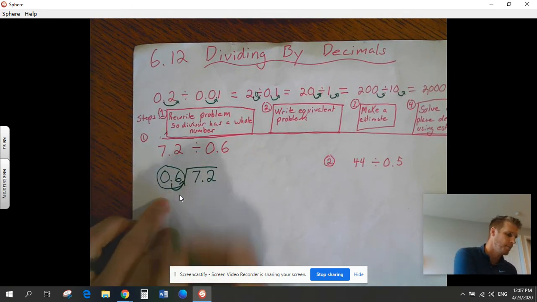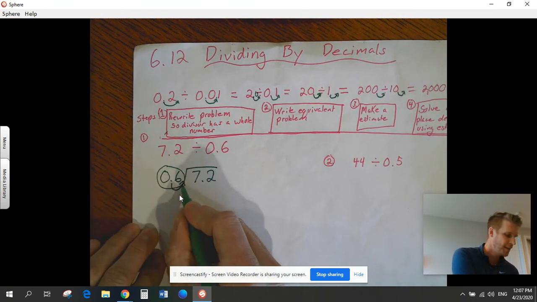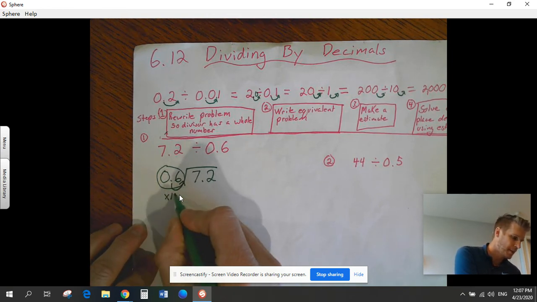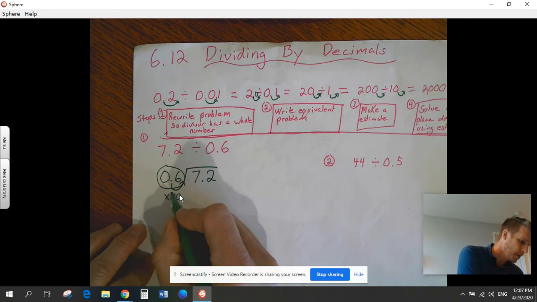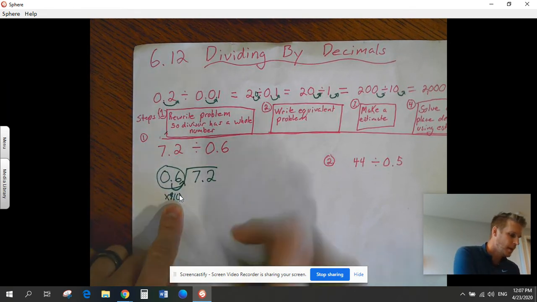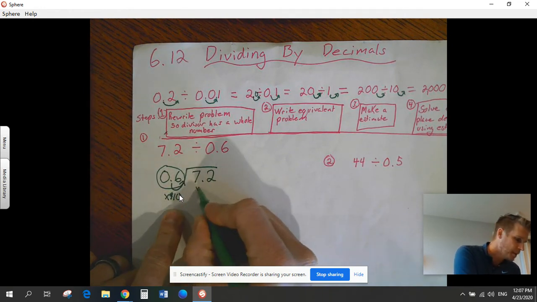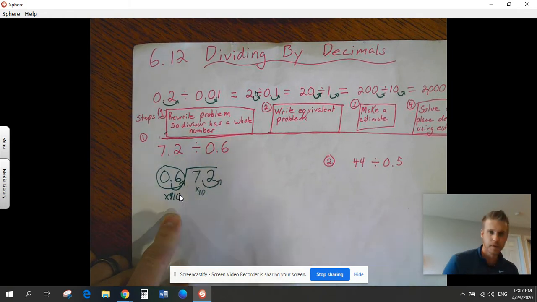Do you guys remember when you move it one place to the right, all that's doing is we're timesing 0.6 by 10. And if we do it here to come up with an equivalent problem, we also have to times this by 10 and move it here, okay?